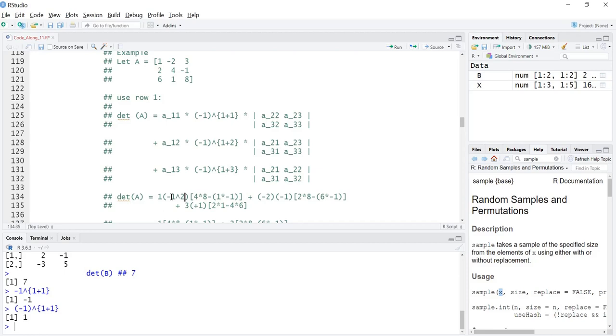That's just a plus 1, because negative 1 squared is a positive 1. So I've got 1, that's this element here, and then times the negative 1 squared, that's a positive 1. And then I have 4 times 8 minus negative 1 times 1.